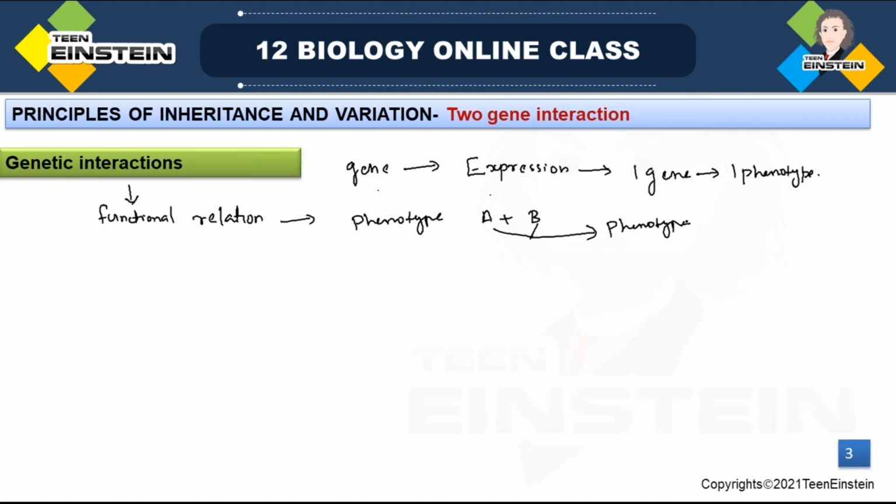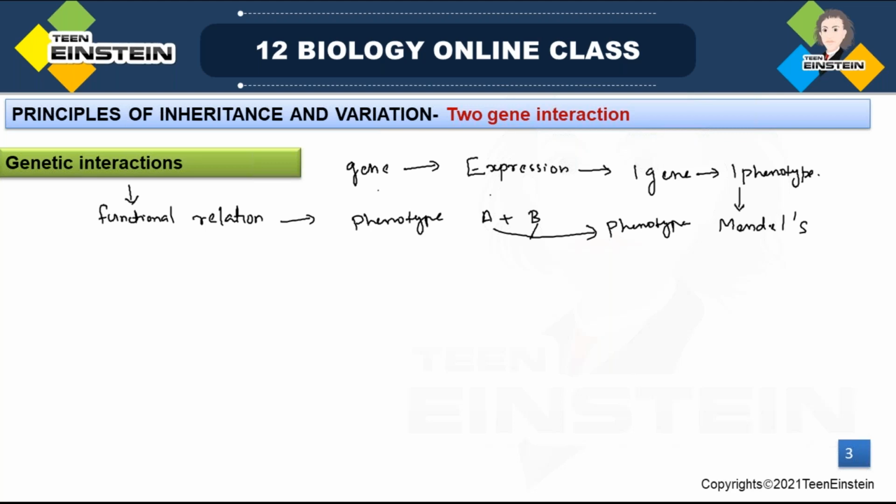Here, one gene, one expression, that is the Mendelian concept. There you got a ratio in F1, another ratio in F2, the phenotypic ratio and genotypic ratio, everything.